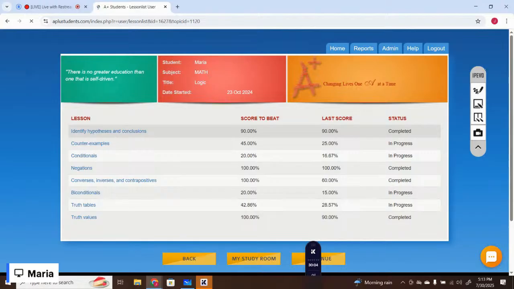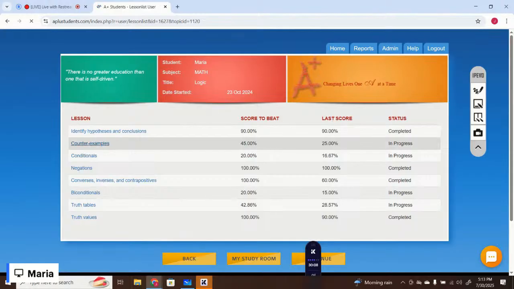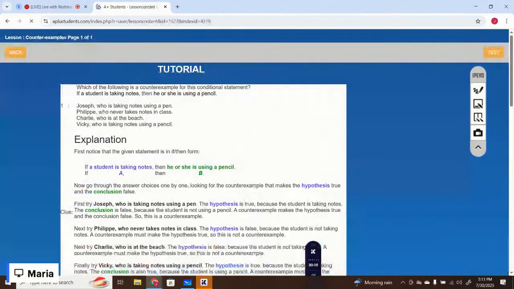Okay, the next lesson is counterexamples. Let's just start with the next lesson. Which of the following is a counterexample for this conditional statement?